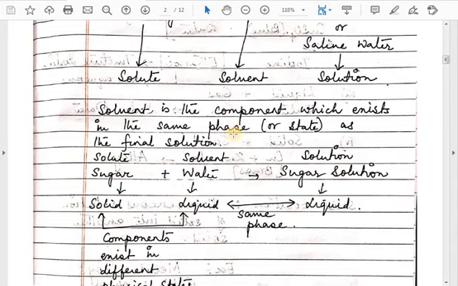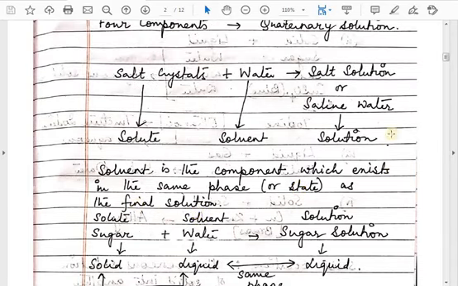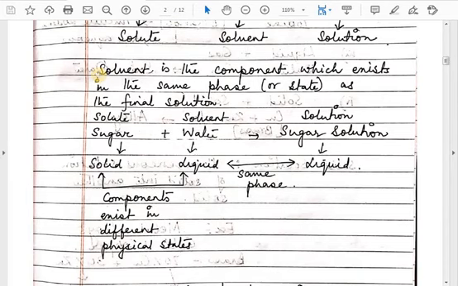You learn this new term, phase or state, that is either solid, liquid or gas, as the final solution. If you have a gaseous solution, the solvent should be gaseous. The solute may be solid also, or liquid droplets. So the solvent is the component which exists in the same phase or state as the final solution.